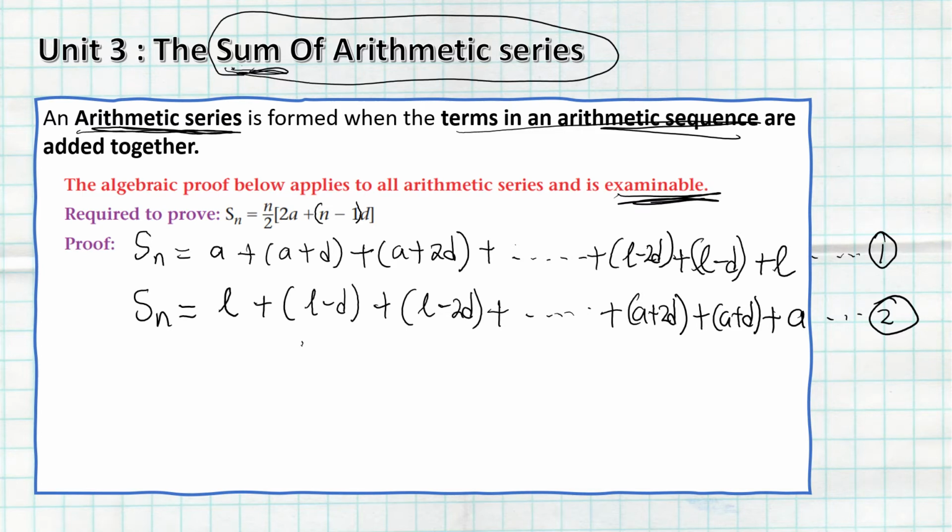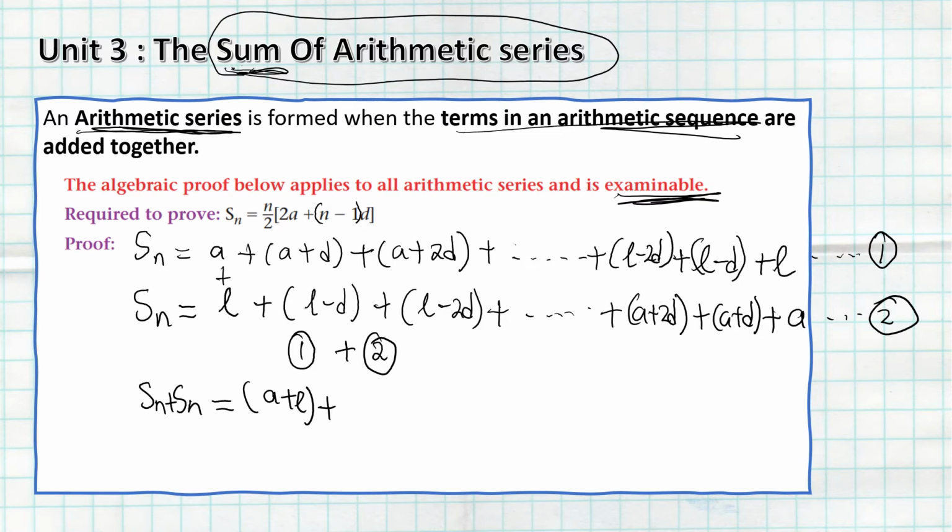Now we are going to add equation 1 plus equation 2. Remember, this is just a proof of this formula. So we are saying Sn plus Sn. In this case, Sn plus Sn is going to be A plus L, plus A plus d plus L minus d.